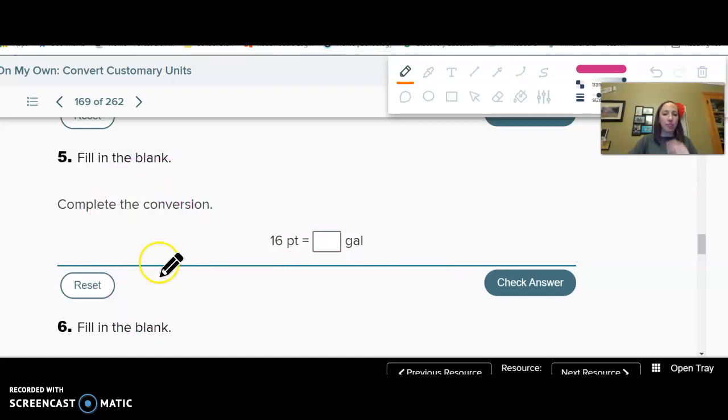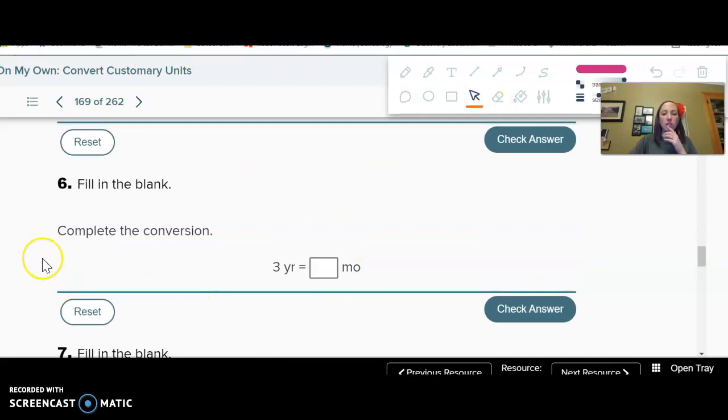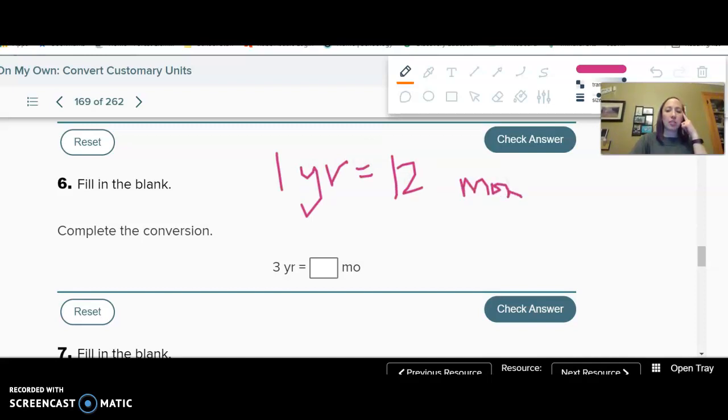We've got time. All right, 3 years equals how many months? This one's not on your sheet, but hopefully you know how many months are in a year. Go ahead. All right, hopefully you got it. Again, think, what do I know to connect it? I know that 1 year equals 12 months.